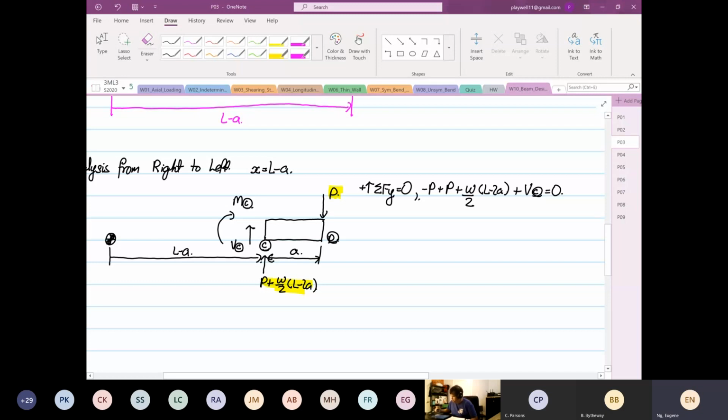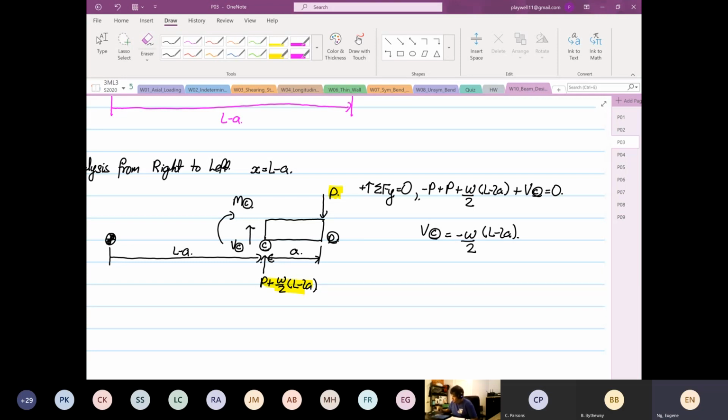So V at point C is equal to minus omega over 2 (L minus 2A). That is our shear force at point C.